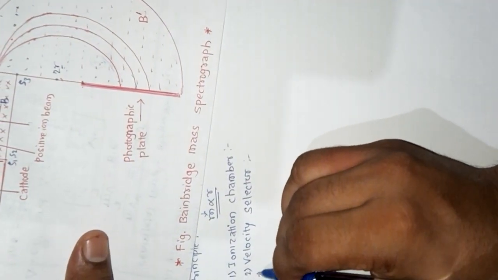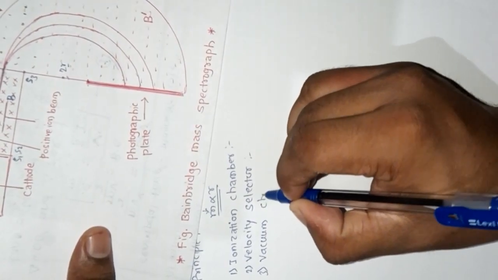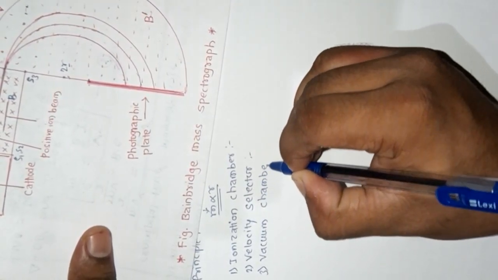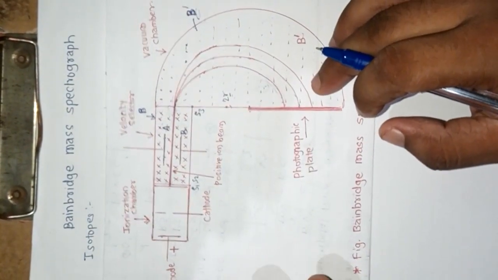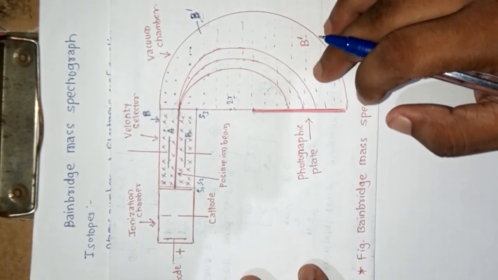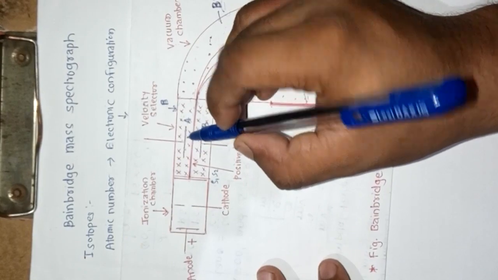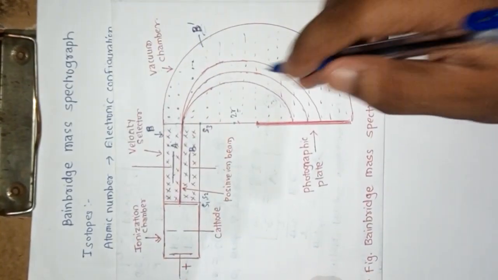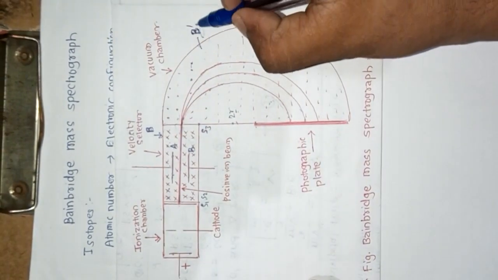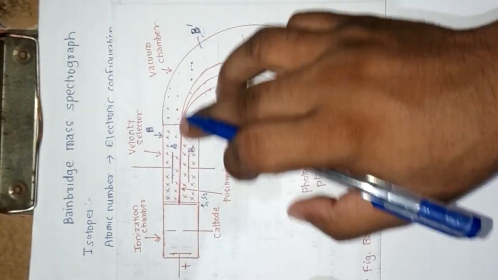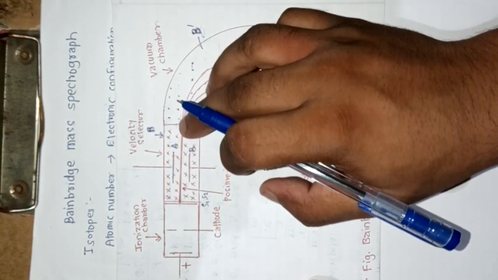That is, the third part is the vacuum chamber. You can also call this the velocity analyzing chamber. In the velocity selector we apply a magnetic field, suppose this is B, and in this vacuum chamber we also apply another magnetic field, B dash, and this magnetic field is normal, that is, perpendicular to the incident beam of ions.